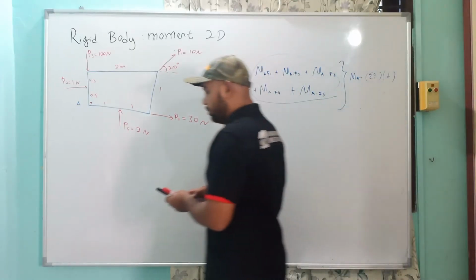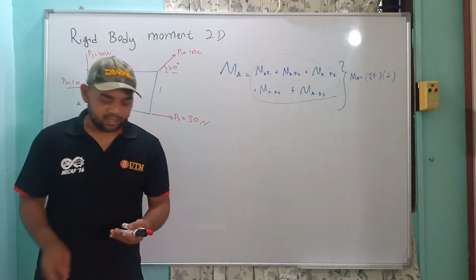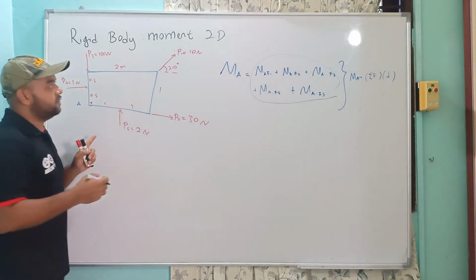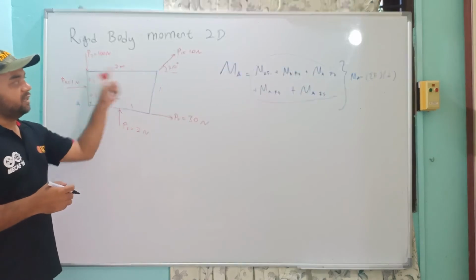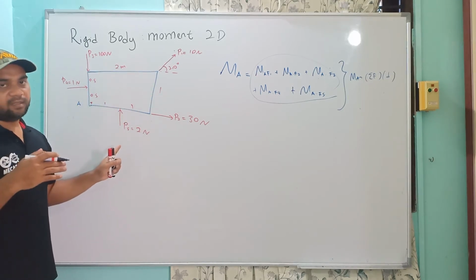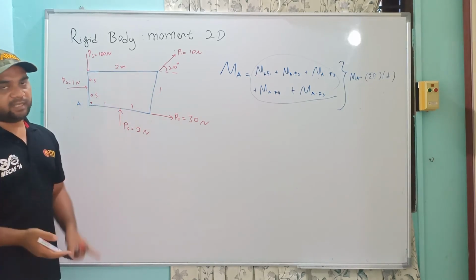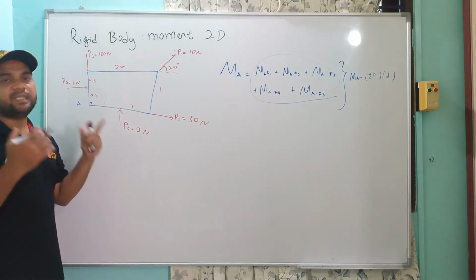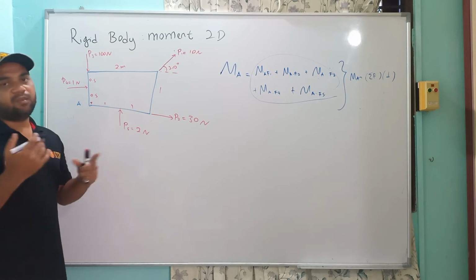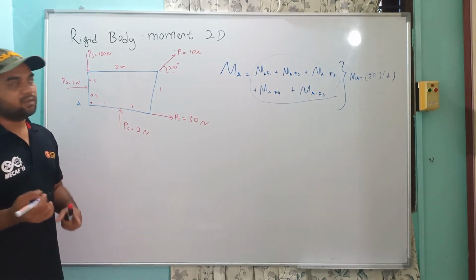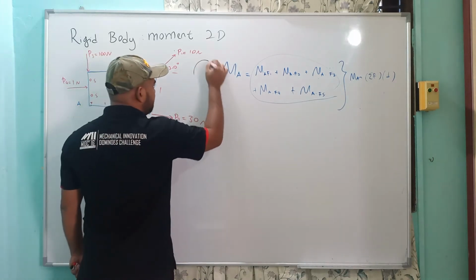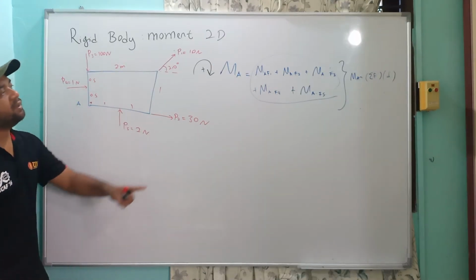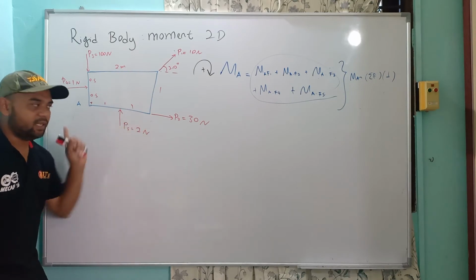You calculate the moment because of each individual force. Because we know that each moment will have a direction, some clockwise and some counterclockwise, we have to choose which direction we consider positive and which negative. So let's say I'm considering clockwise as our positive direction. So all that goes counterclockwise will be negative.